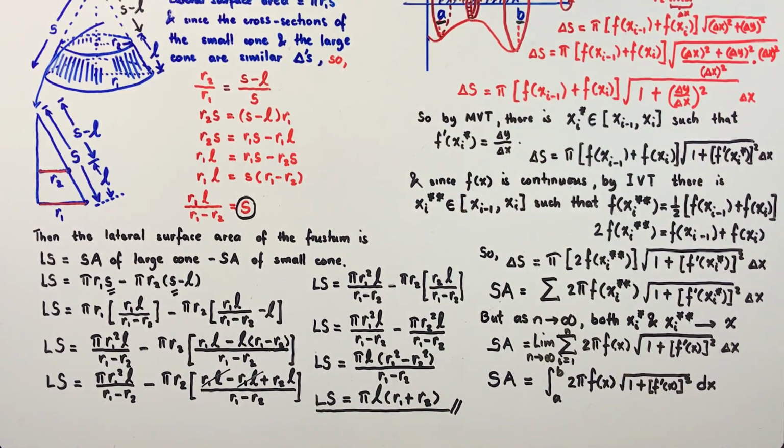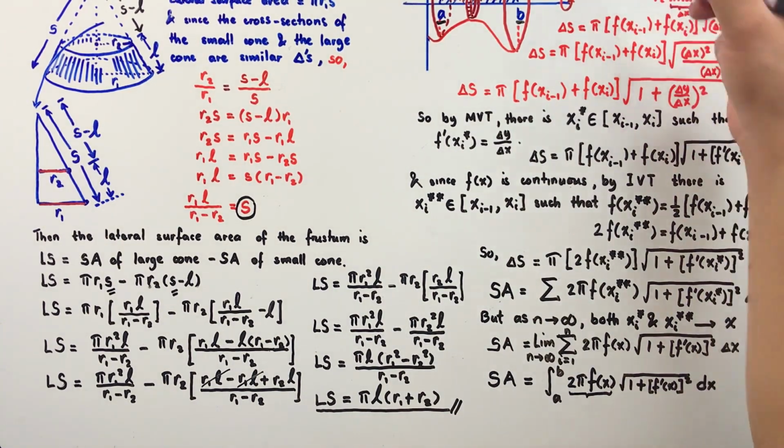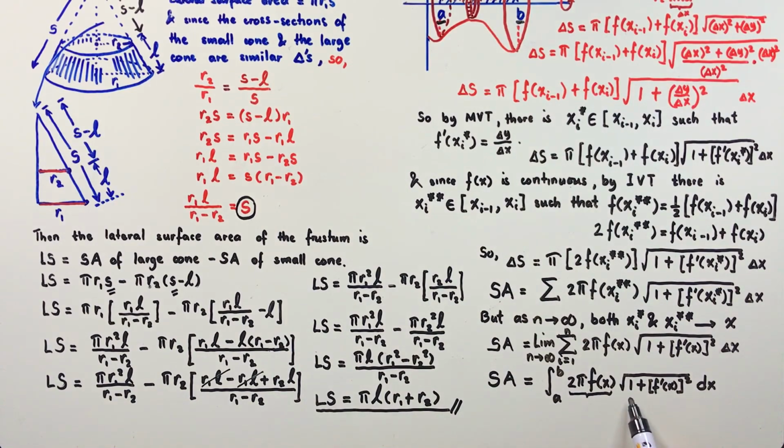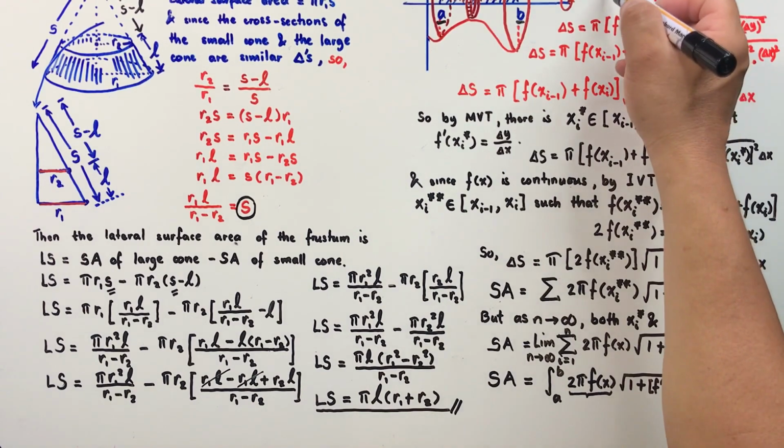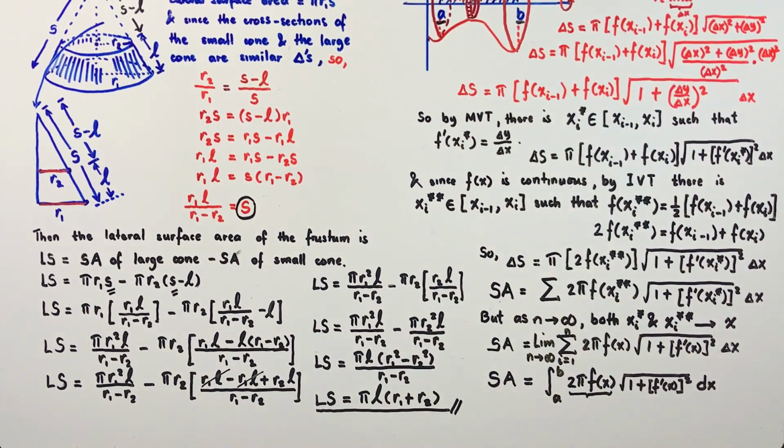And if you analyze this area, this is just the circumference of the incremental slice. And this one is our slant height, incremental height L here, which is the formula of finding the arc length. So this is the ith arc of the incremental slice times the circumference of the incremental slice.